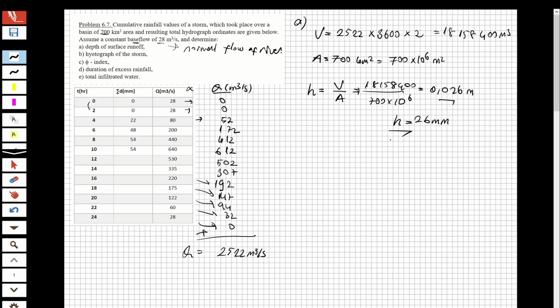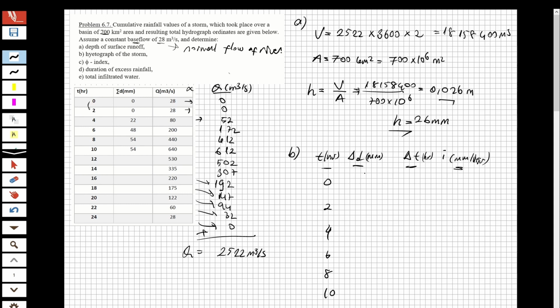Let's solve the second part. I'm going to solve it here. This is going to be T, this is delta D, this is delta T, and this is intensity. This is in hours, this is in millimeter, this is also in hours, and this is millimeter per hour. For time: 0, 2, 4, 6, 8, and 10.